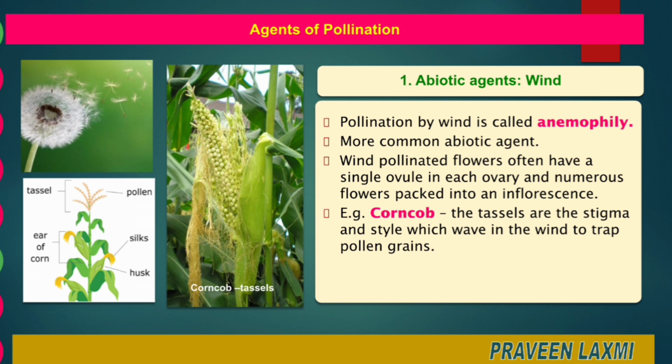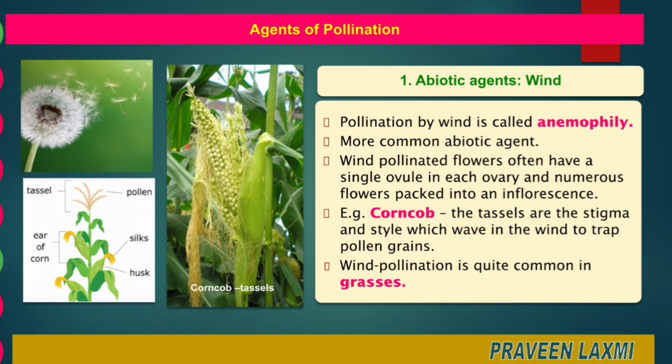You can see in the corn cob, the tassels are stigma and style, which wave in the wind to trap the pollen grains. You might have seen corn, right? They have tassels of stigma, and they just wave in the wind. Why? In order to receive the pollen grains.